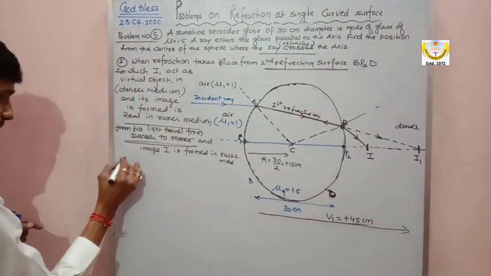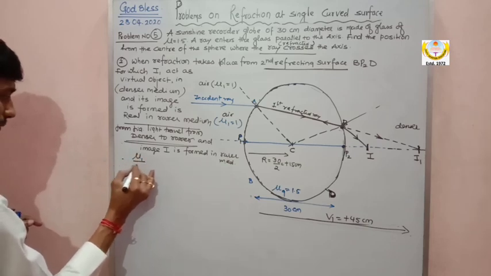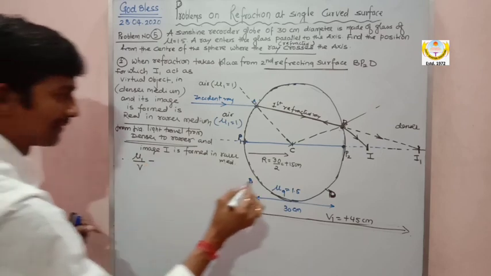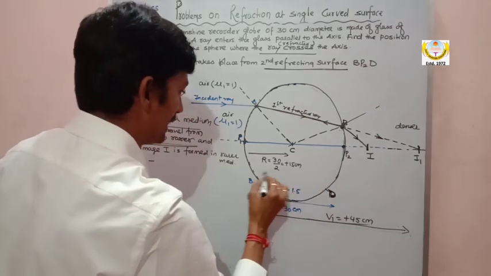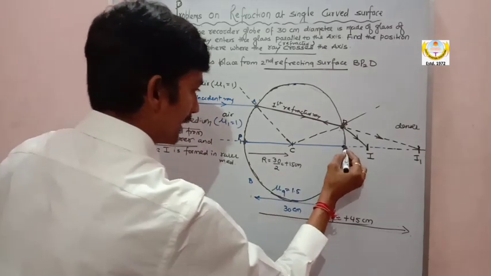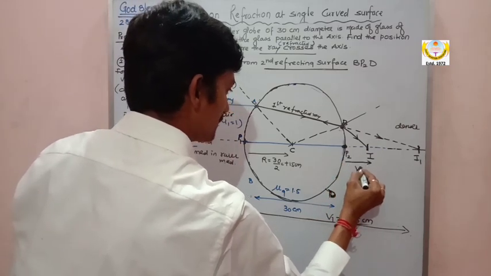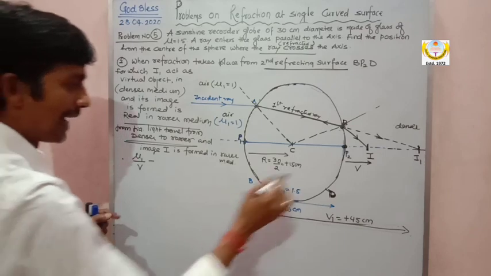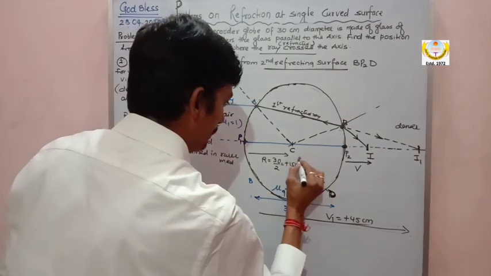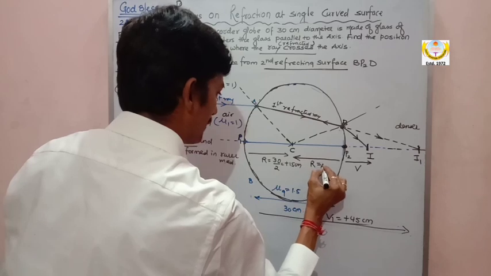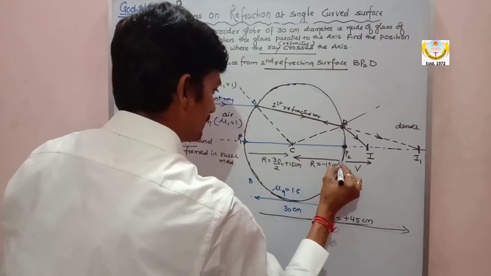Okay. Now, my dear, the formula will be mu1 by v, because the image is obtained in rarer, minus, and let this distance be taken as v from here. This is the pole now, this is v. But now, my dear, this is your P2C. Now your R will be minus 15 centimeter.